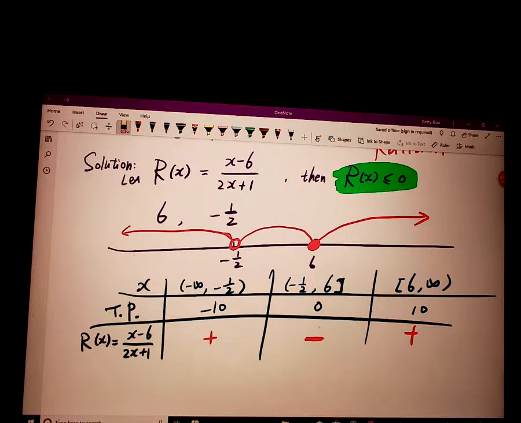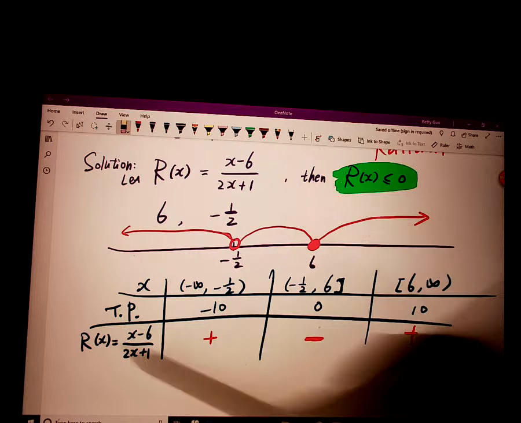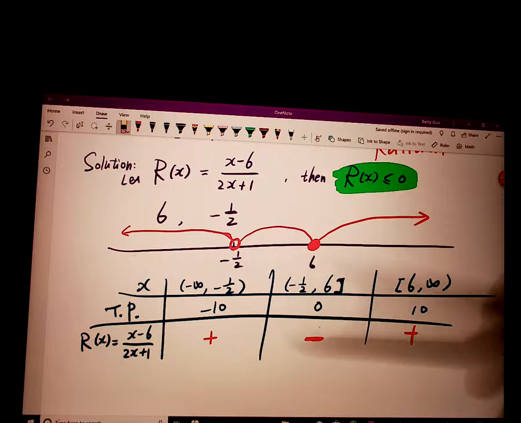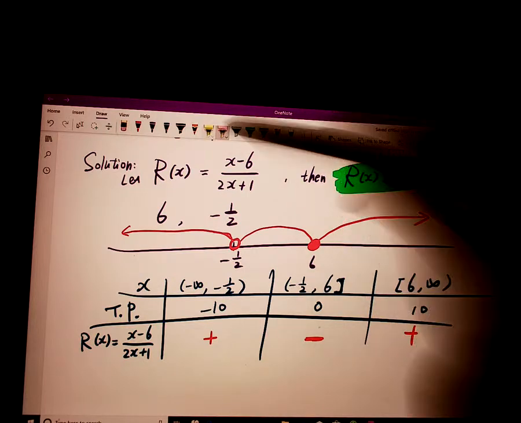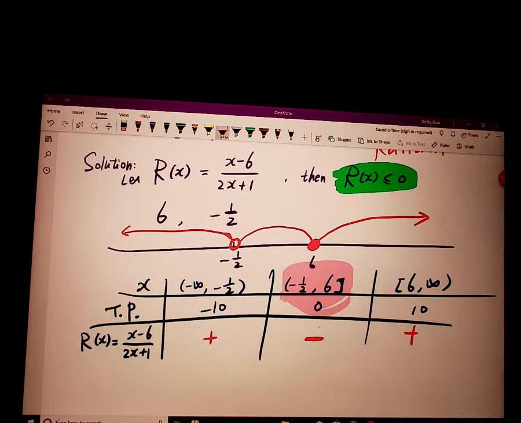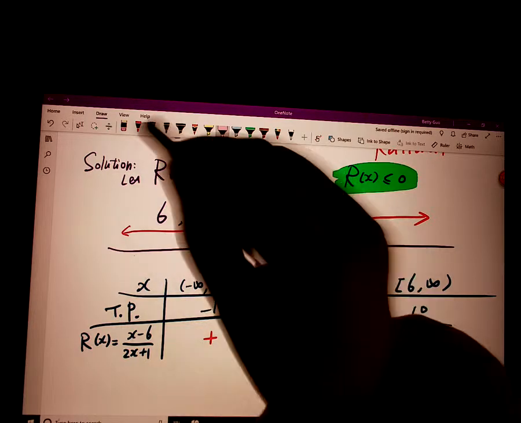So what are we looking for here? We are looking for the intervals over which the function R of x is less than or equal to 0. Negative. Did we find it? Negative half to 6, right? Yes, we found the solution set from the chart.